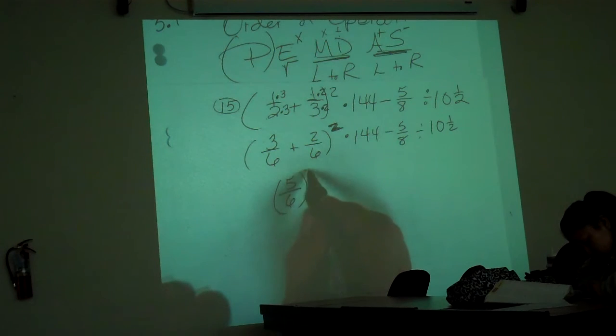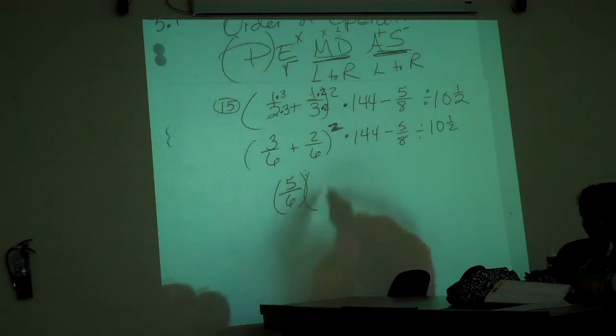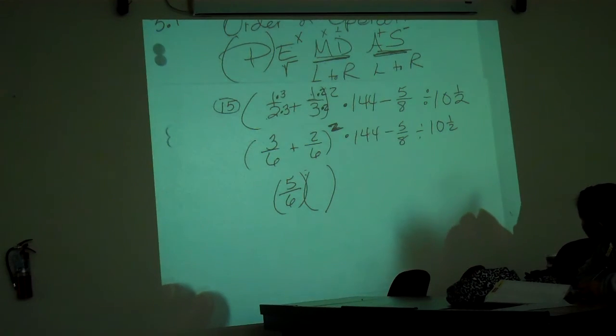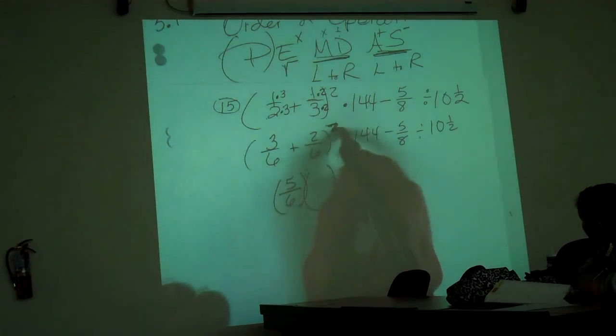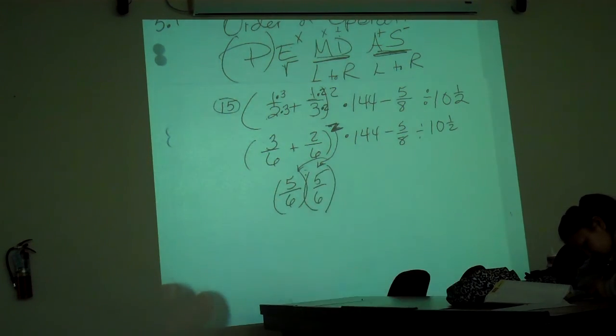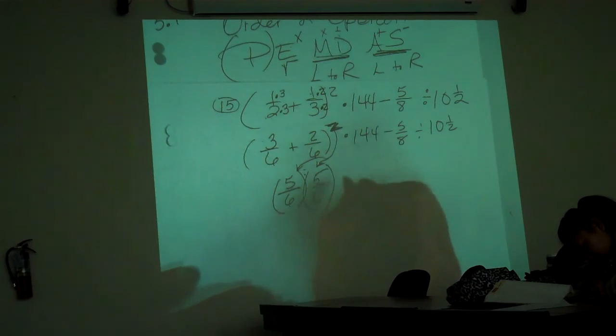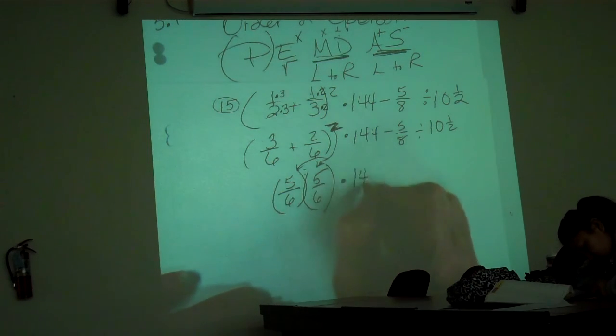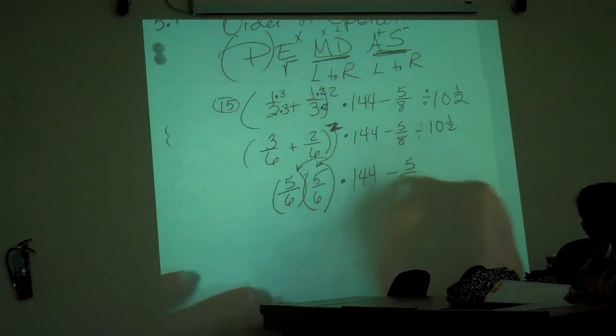Instead of putting the squared up here, would it be okay to just go ahead and write it times itself? Everybody will follow that if you see that the squared would be times itself. Okay, so we'll put 5/6 times 5/6, and that'll save us one line of writing there. Rewrite everything.